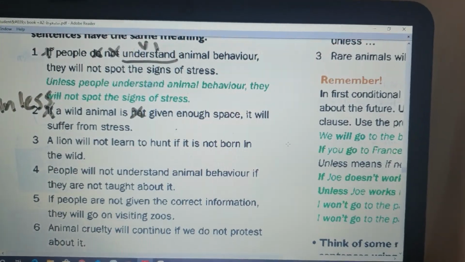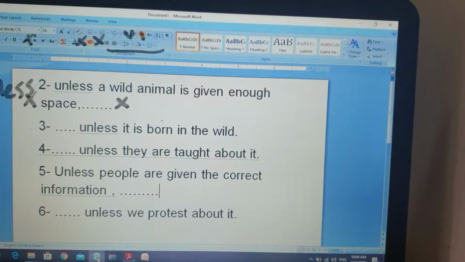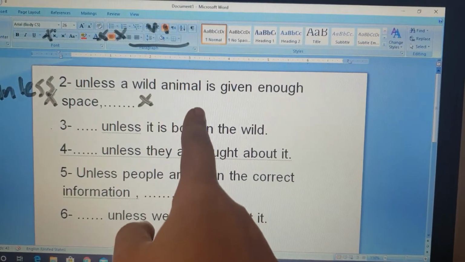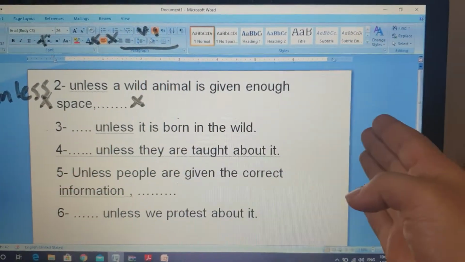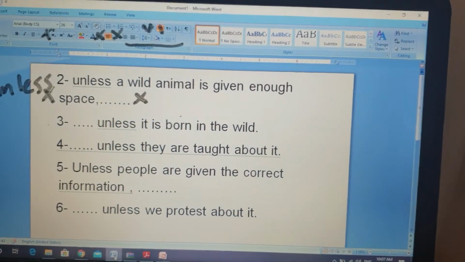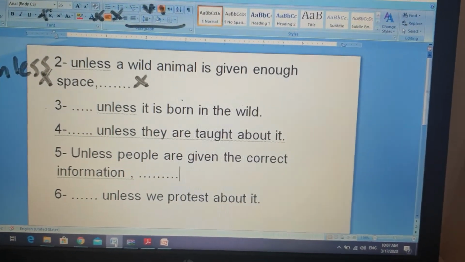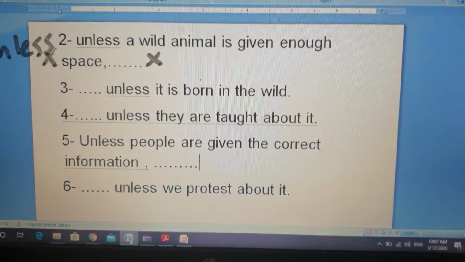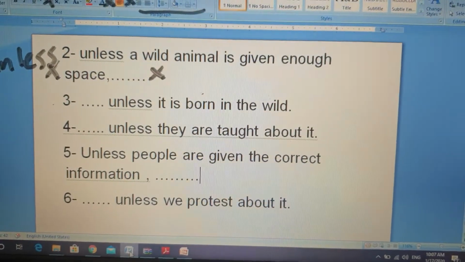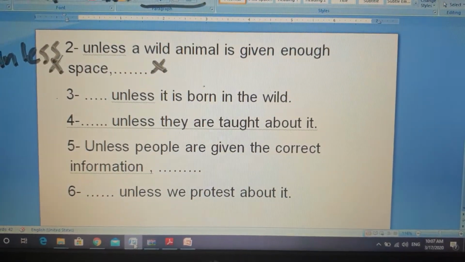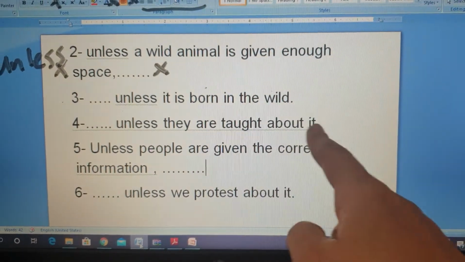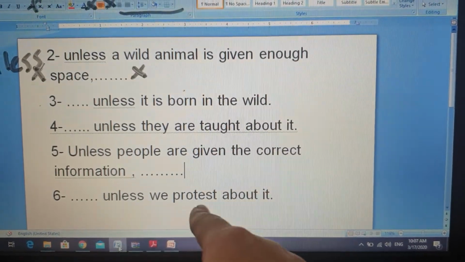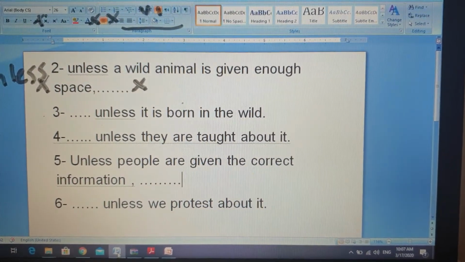The answers will be like this: unless a wild animal is given enough space, and you will continue the sentence normally, the same, will plus verb 1. Okay, and here are the answers for number 3, 4, 5, and 6. You can write them on your papers or on your sticky notes, please. Unless it is born in the wild, unless they are taught about it, unless people are given the correct information, unless we protest about it.